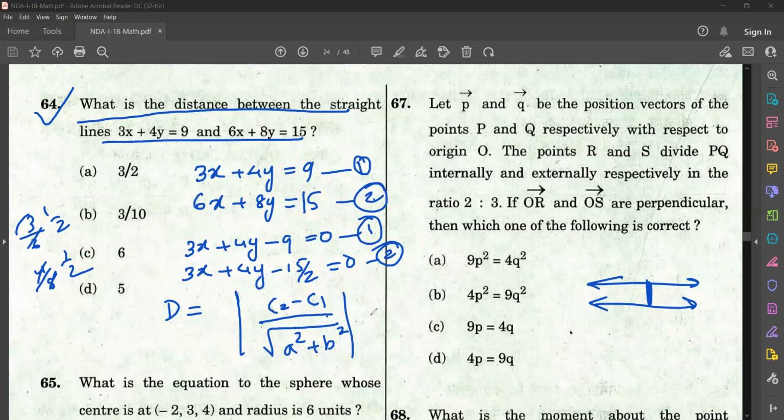So what answer did you get? It is minus 15 by 2 minus 9 divided by root of 3 square plus 4 square.